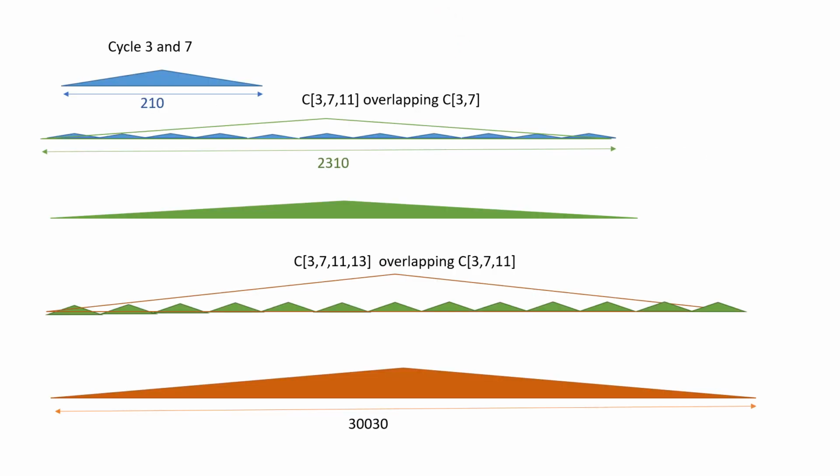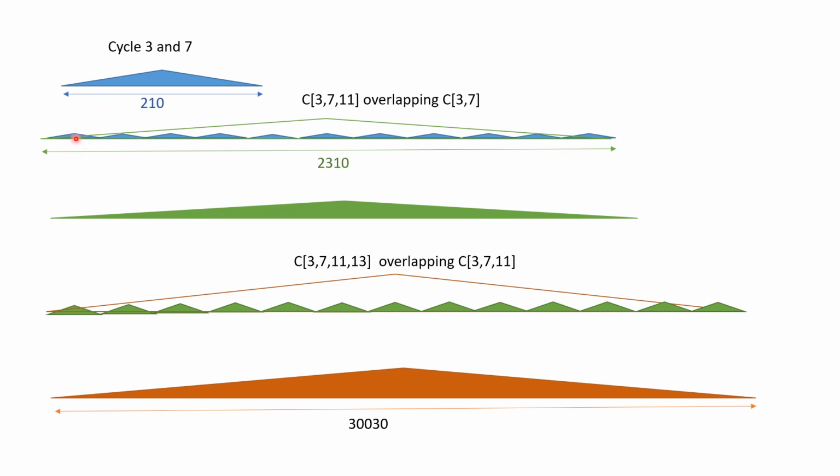So what happens every time a new cycle comes, when you merge a new cycle with the previous one? You have here the cycle of 3 and 7, and when the new cycle comes, from 3 through 11, this is the triangle that it makes. Really, it's a curve, right? But I put it like this.